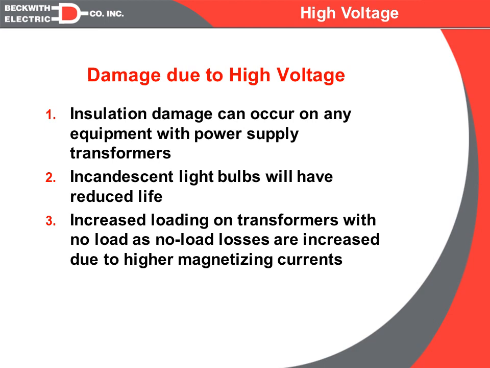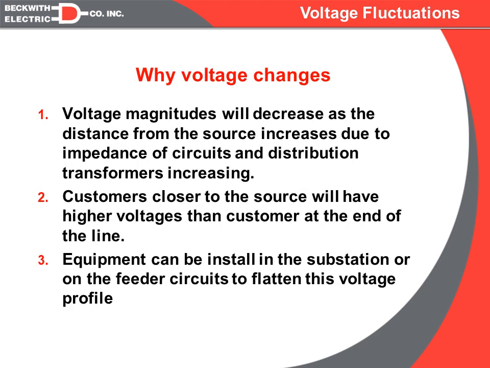We will also be reducing the life of incandescent light bulbs at higher voltages. And finally, increased loading on transformers with no load. So at higher voltages, you have higher magnetizing currents on transformers that don't have any load. So those are some of the reasons we don't want the voltage to get too high.